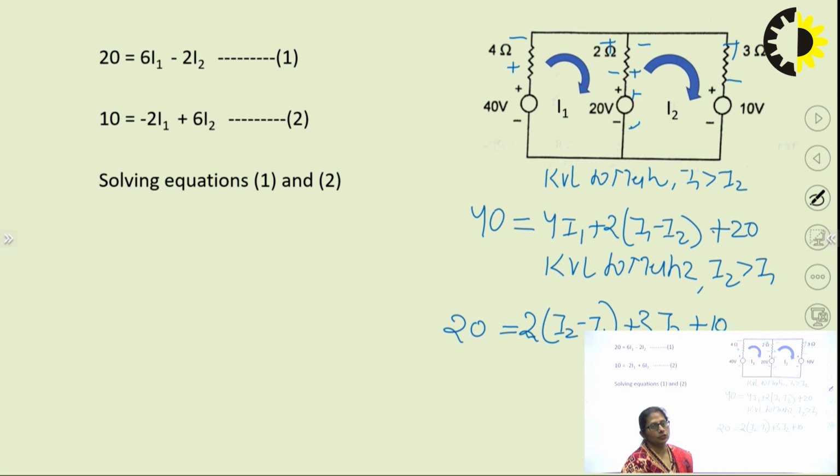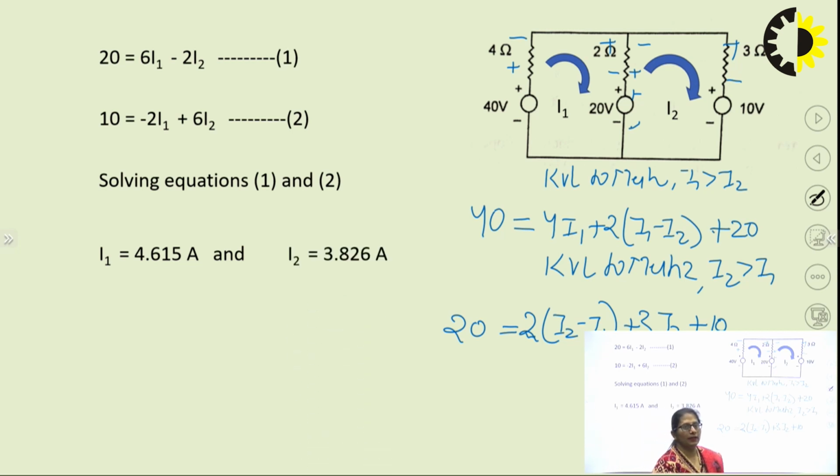Solving these two equations, 1 and 2, I will be getting I1 is equal to 4.615 and I2 as 3.826, with positive currents. That means, I need not change the directions I just considered, they are perfectly okay.